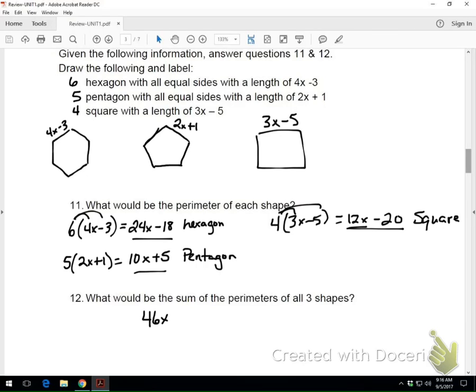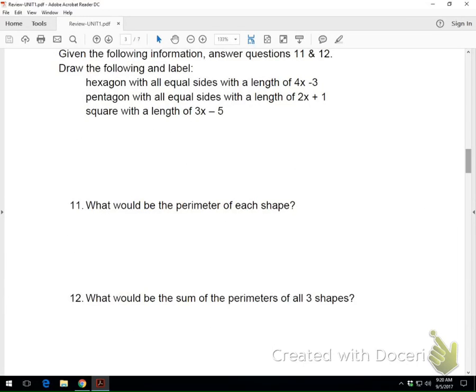Then you got negative 18 plus 5 minus 20. Negative 33. And there's your sum of all three shapes. So far so good? Okay, let's move on.